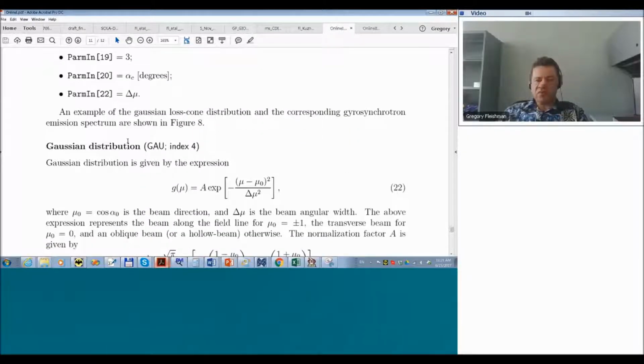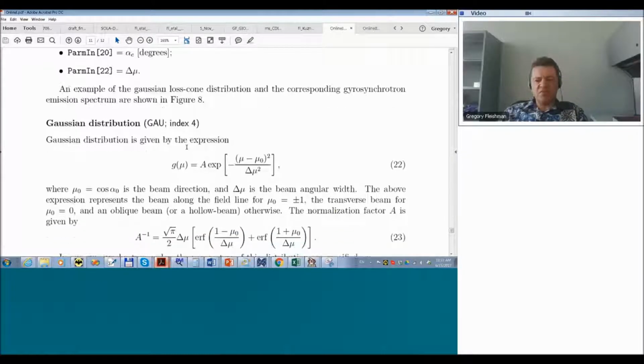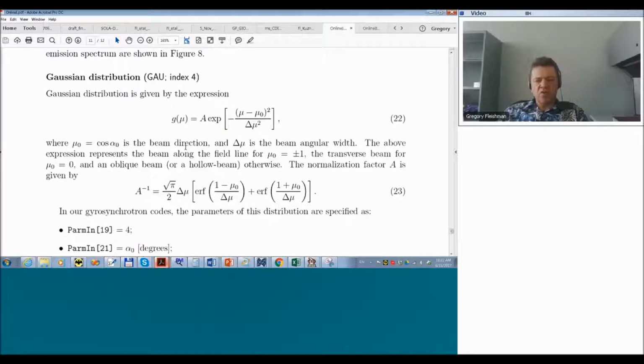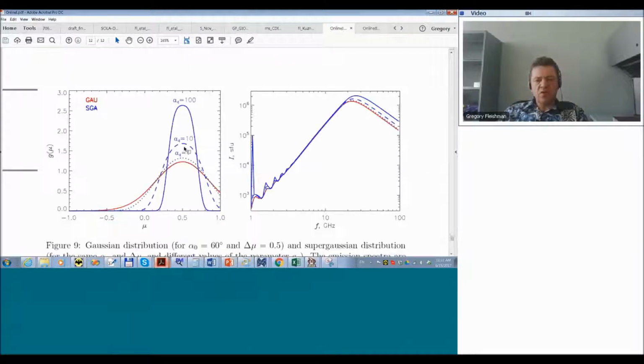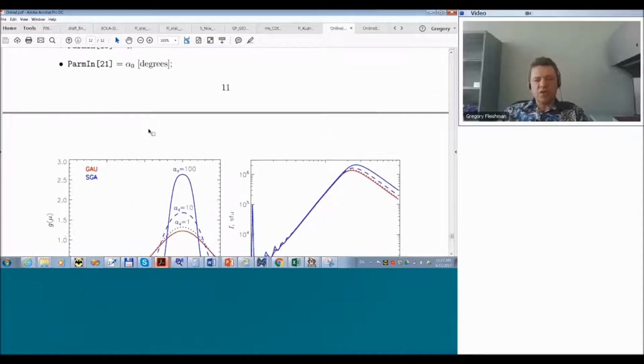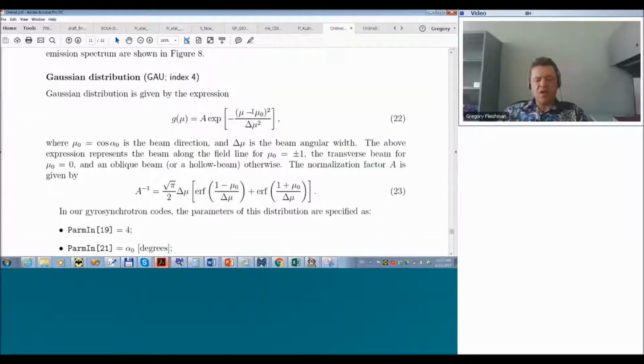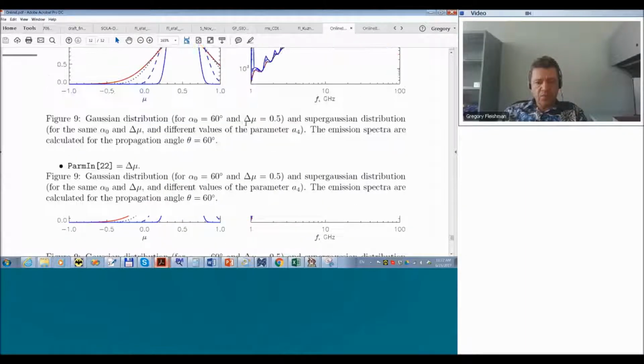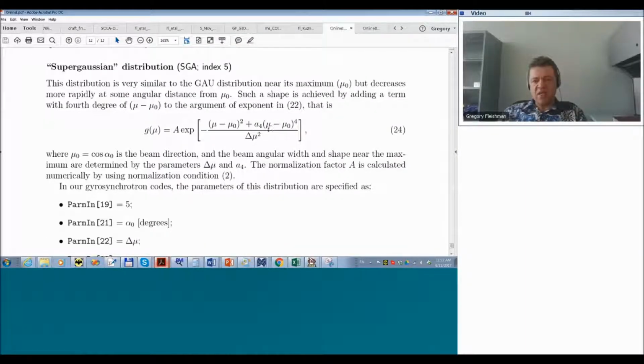And we have, I believe, five different angular distributions to be coded, in particular Gaussian, as described here, and a corrupted Gaussian, where another term to the power of 4 is added to the index, which is right here, which we call super Gaussian, just a deviation from the Gaussian.